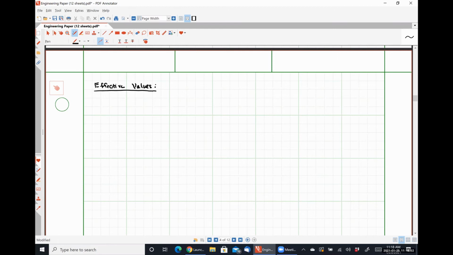So this is a review from circuits 1. Let's say that I'm looking at a receptacle. Power receptacle or plug in our walls look something like this, right? So these 3 terminals have specific things.